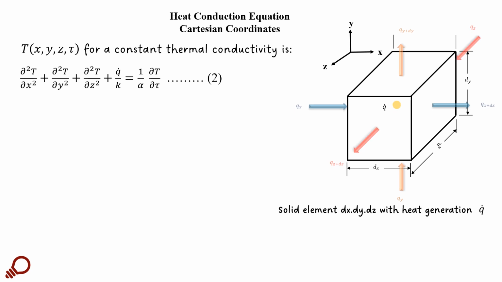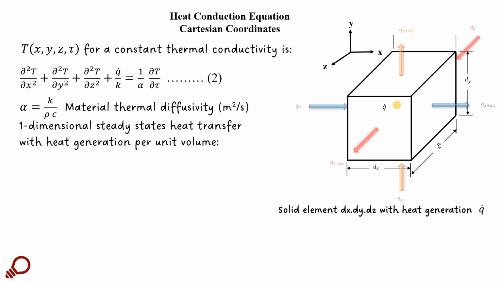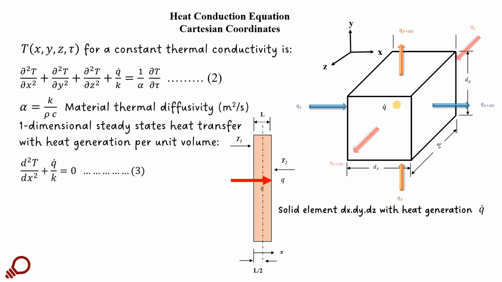And we said that this equation represents the transient form of heat conduction in a plane wall in 3 dimensions. In this equation, we have alpha as defined before, which represents the material thermal diffusivity, and the one-dimensional form for a steady state condition has been derived in the form of d squared T by dx squared plus q dot divided by k equals 0.